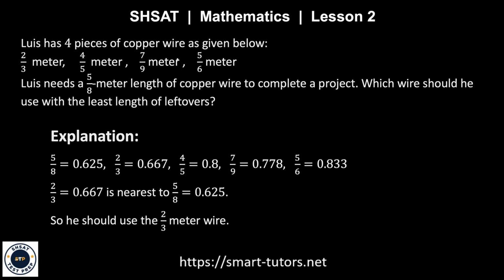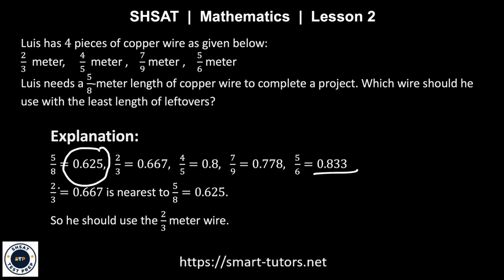But there is another easy way you could do it. You could turn all the fractions into decimals. That will be very easy for you to compare. So let's do it that way. You could see here we made all these fractions into decimals. That gives you 5 over 8 equal to 0.625, 2/3 0.667, 4 over 5 0.8, 7 over 9 gives you 0.778, and 5 over 6 gives you 0.833.